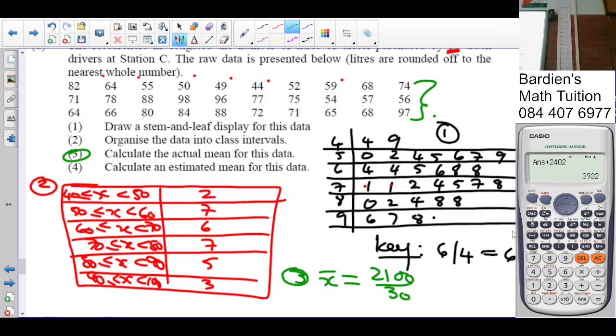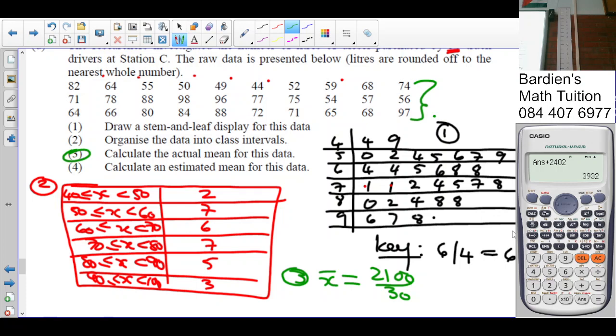Is that what you got? Who else got this answer? What did you get? No. Calculate the actual mean.